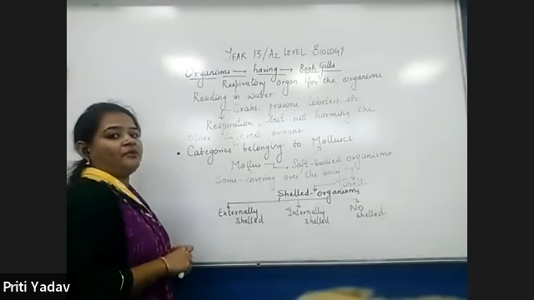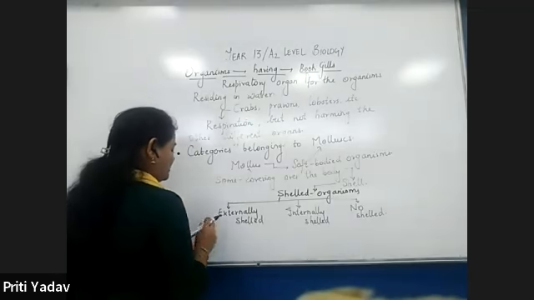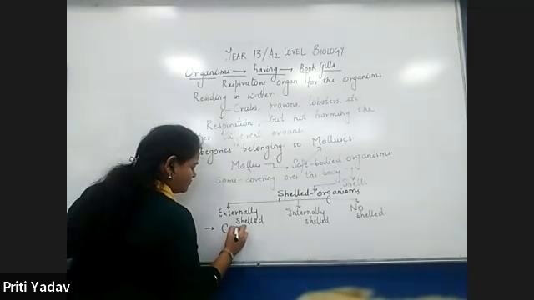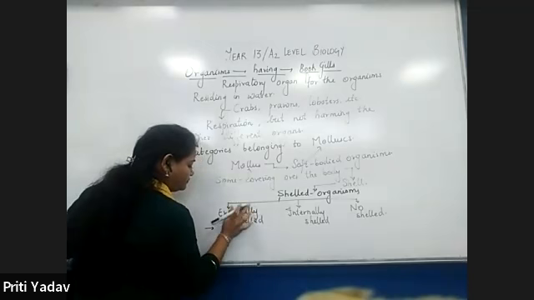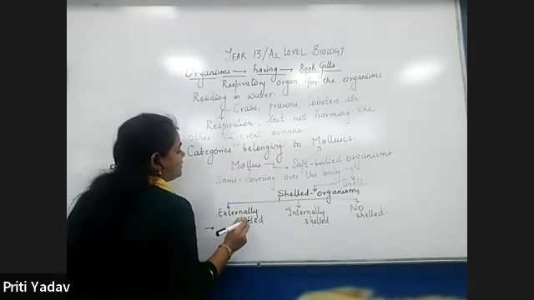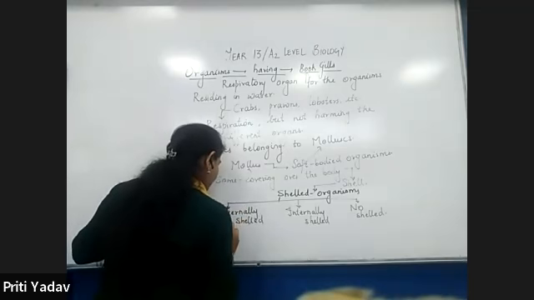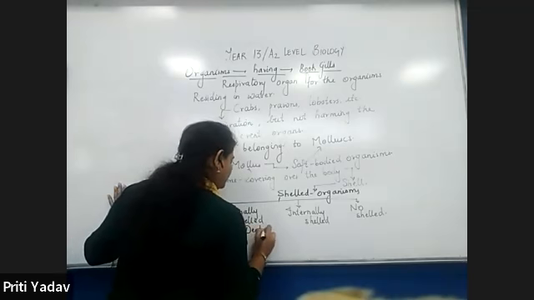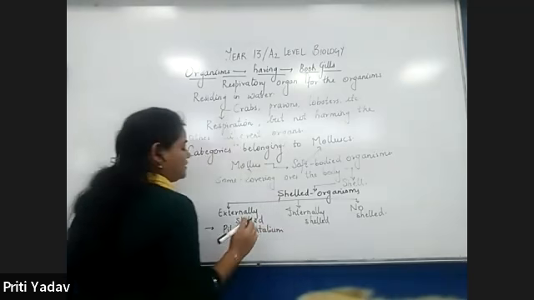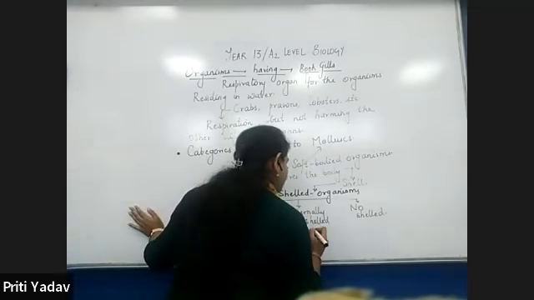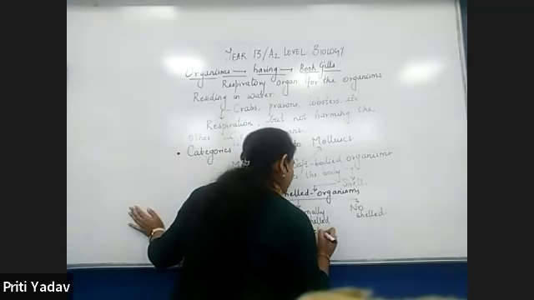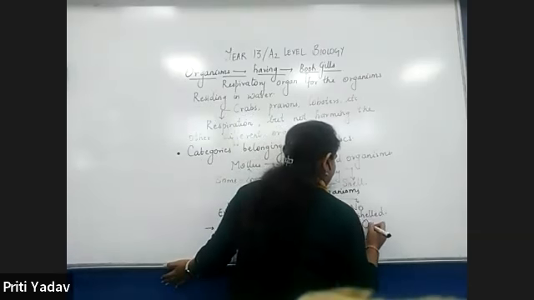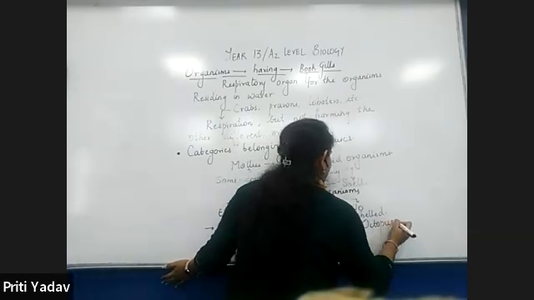An example of an externally shelled organism is the nautilus, an internally shelled organism is the cuttlefish, and a no-shell organism is the octopus.